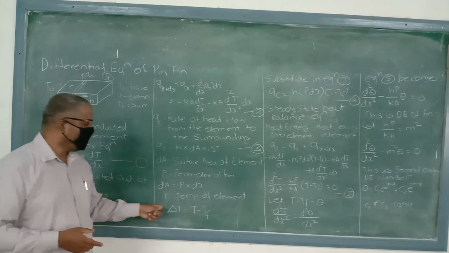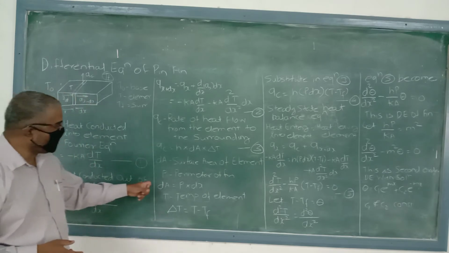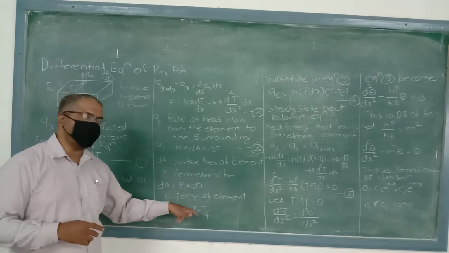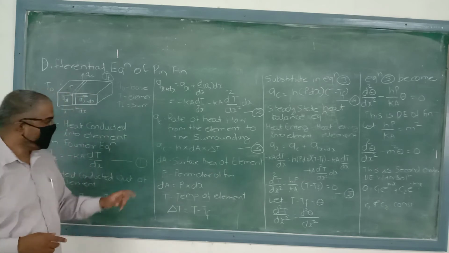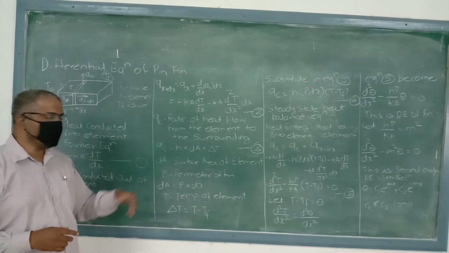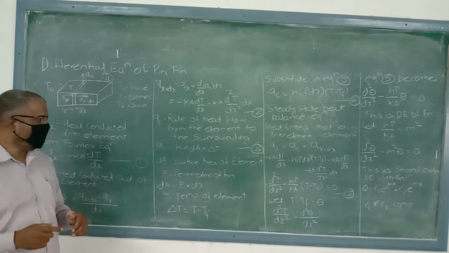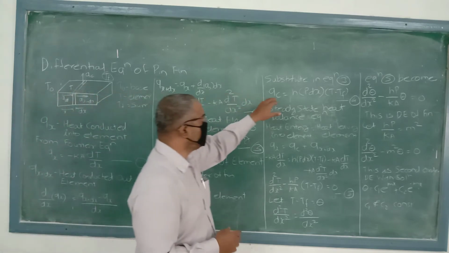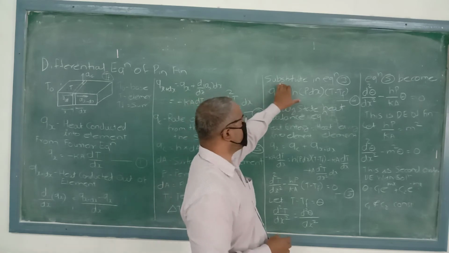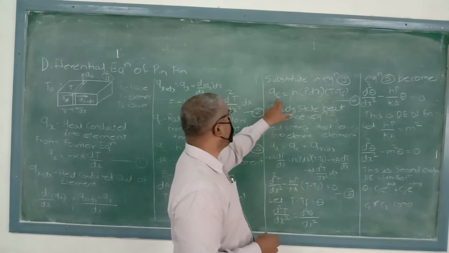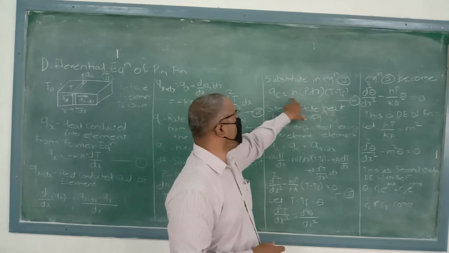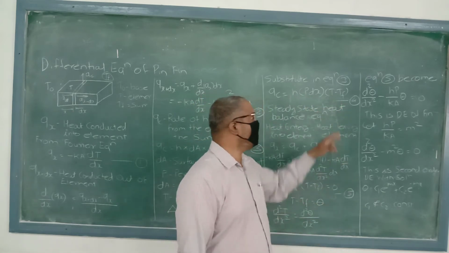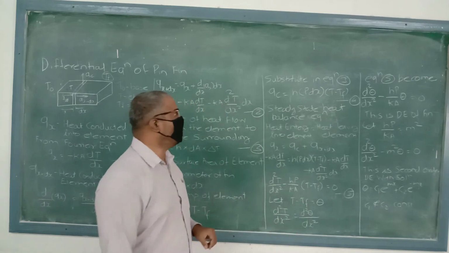Keep in mind, delta T is T minus Tf and dA is P into dx. So we are substituting this in equation number 3. We get Qc is equal to h into P into dx into T minus Tf. We are calling it equation number 4.